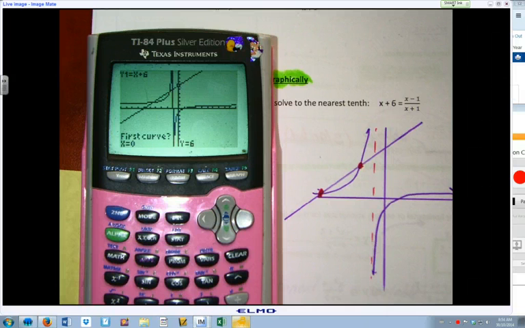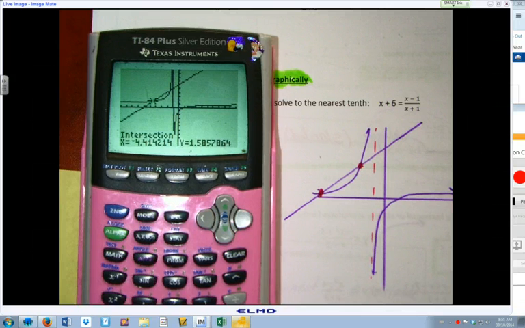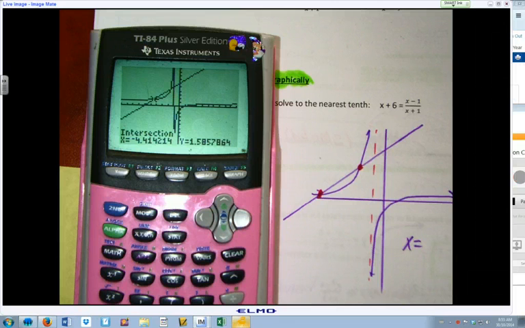And what do we care about, the x or the y? We only care about the x. Was there any rounding instructions in the question? Okay.